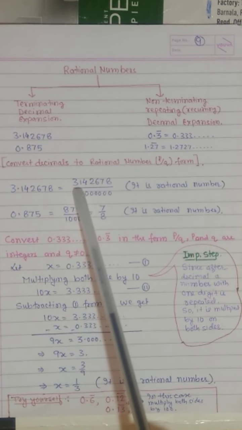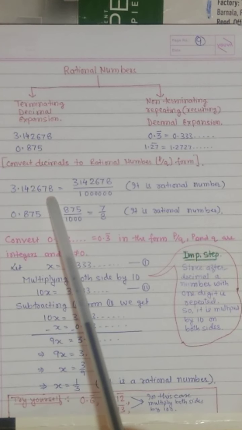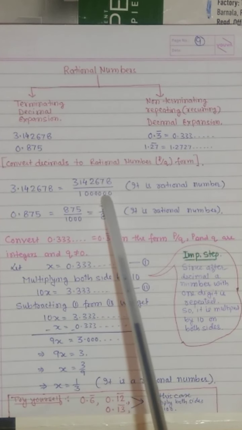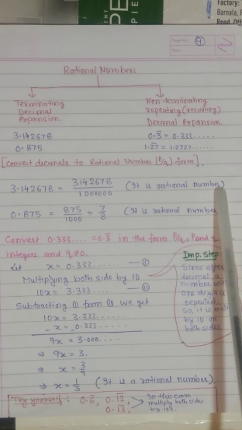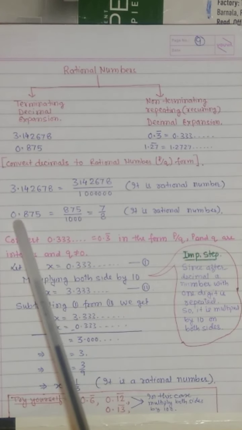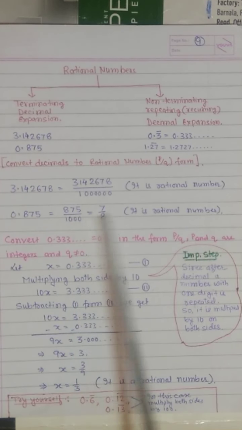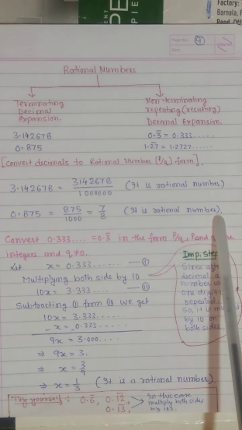You will get such questions. 3.142678 can be written as 3142678 by 1000000, with 6 zeros for the 6 digits. It is a rational number. Now 0.875 can be written as 875 by 1000, with 3 zeros for 3 digits. After solving it you will get 7 by 8. It is also a rational number.